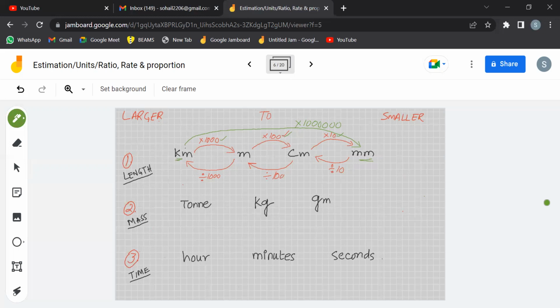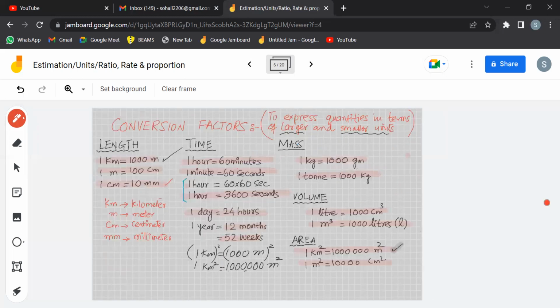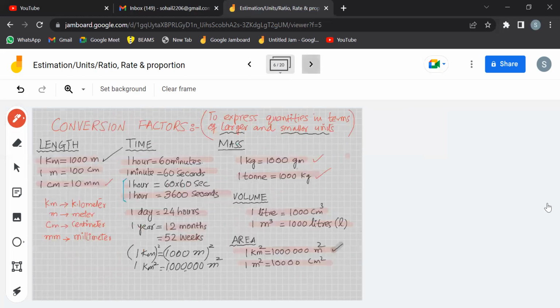So for the mass, from ton to kilogram, multiply by 1000. From kg to gram, you multiply by 1000, just keep in mind this pattern.